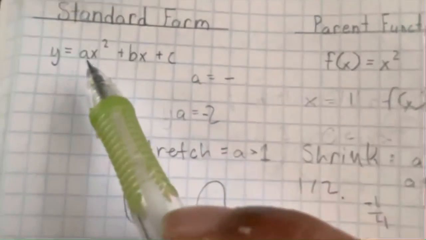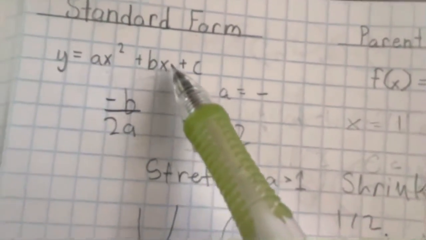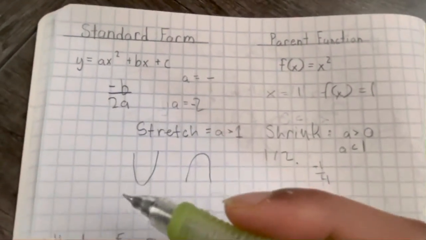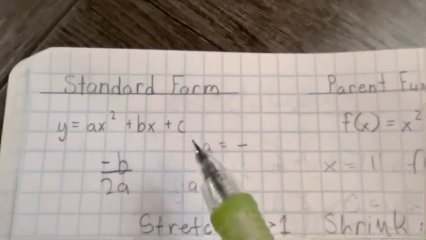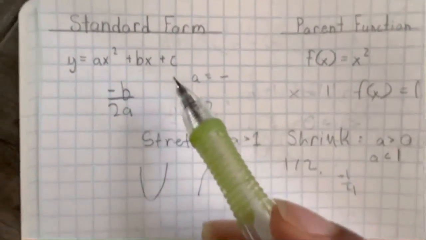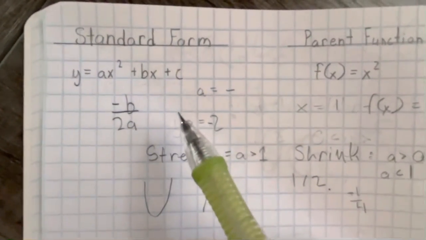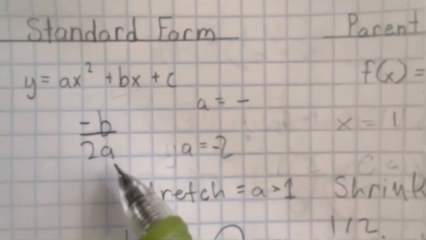Now that we know that, let's move on to b. b is helpful for finding the vertex, which is the starting point of any parabola. To find the x value of the vertex, we have a formula: negative b over 2a.